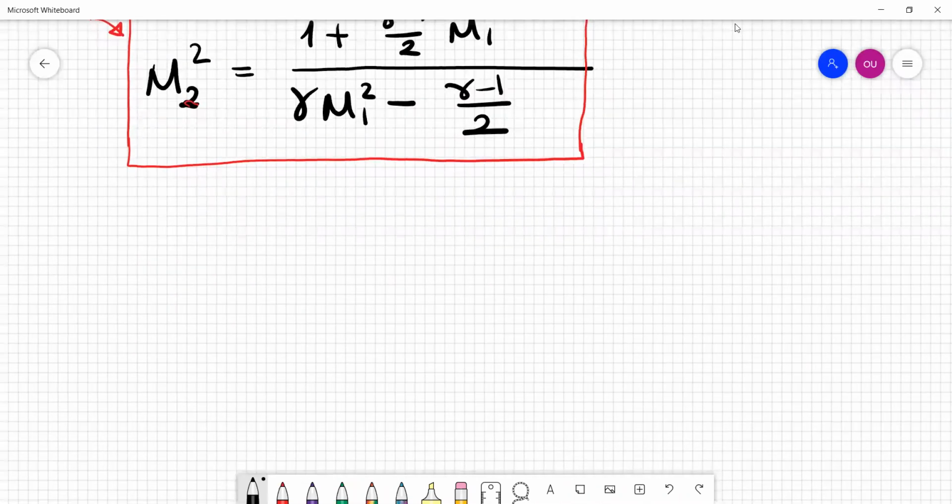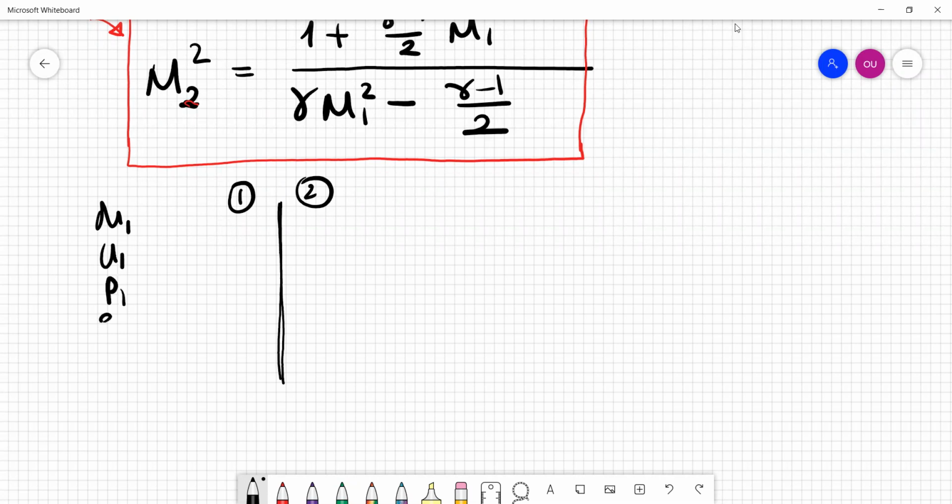Basically, what we are interested in is that we have a normal shock wave here, and then 1 and 2 here. Now I have a list of variables. Given inlet conditions, that is, M1 is given, so I can calculate M2. But u1, p1, ρ1, temperature, stagnation enthalpy, even entropy and stagnation pressure, I want to be able to calculate the same variable set after the shock wave.